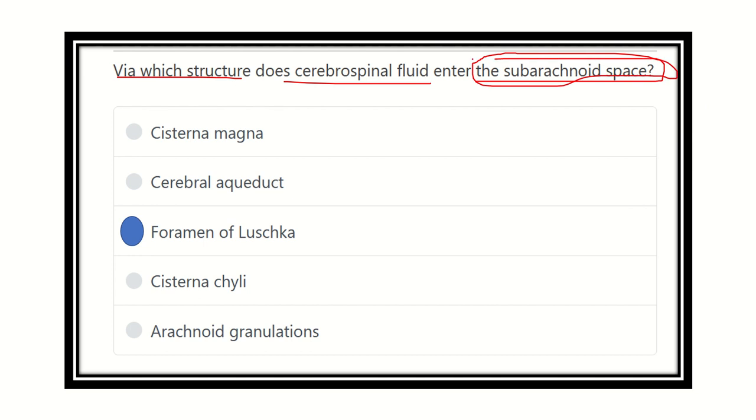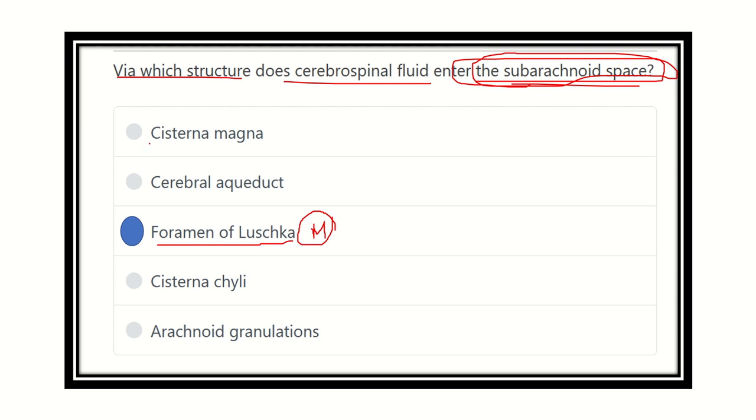It goes to the subarachnoid space by two important foramina, the foramen of Magendie and the foramen of Luschka. Through these, the cerebrospinal fluid reaches the subarachnoid space both in the spinal cord and in the brain.